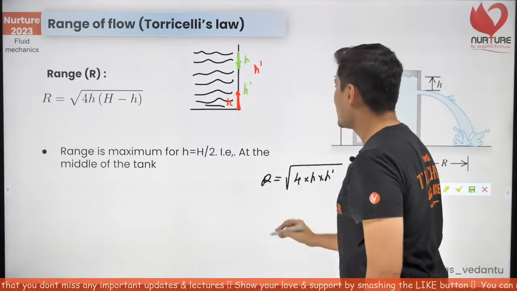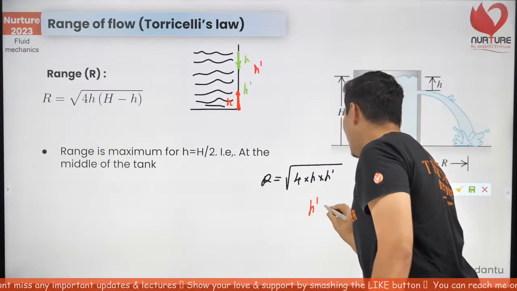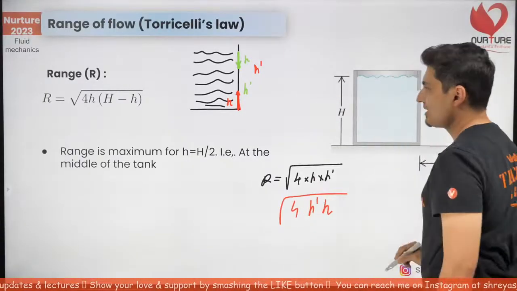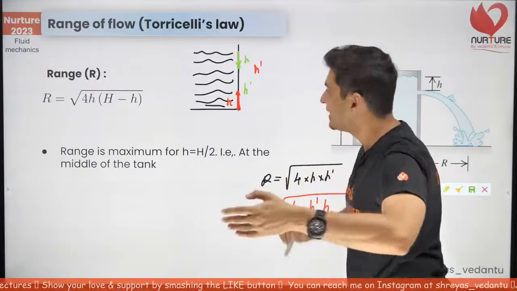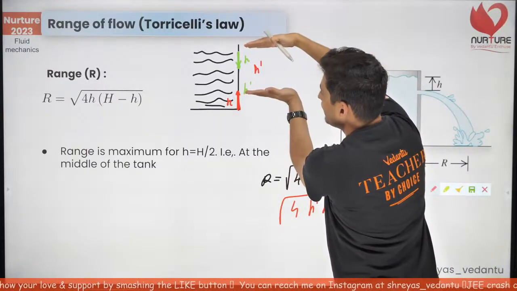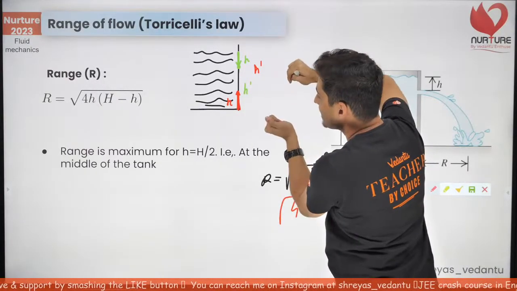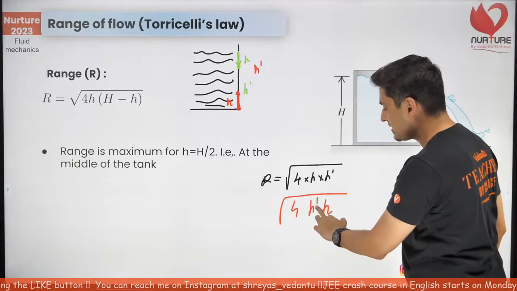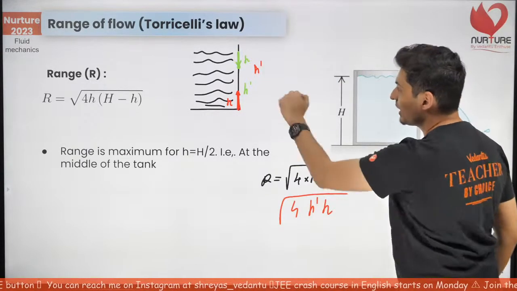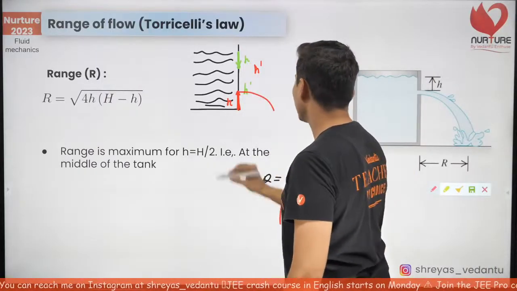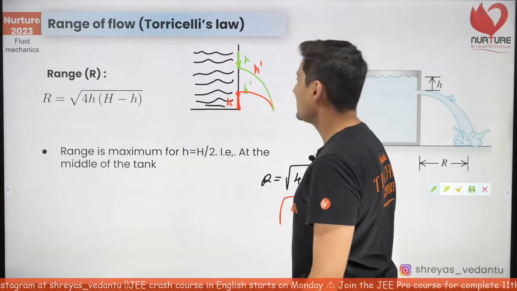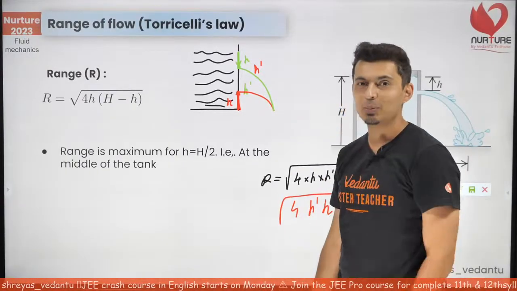The new range will have 4 here and H prime H. From the top, the depth will be H prime. From the bottom, it will be H. Don't you see it's the product which matters? So the product will be the same, and hence the range for this hole and for this hole will be the same.